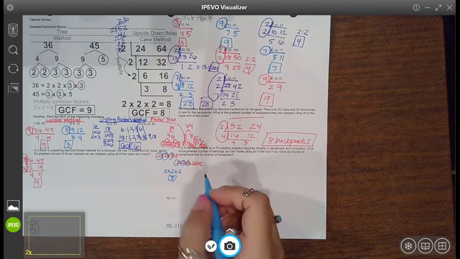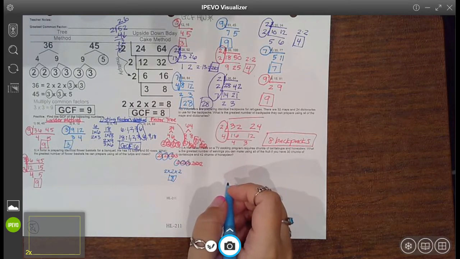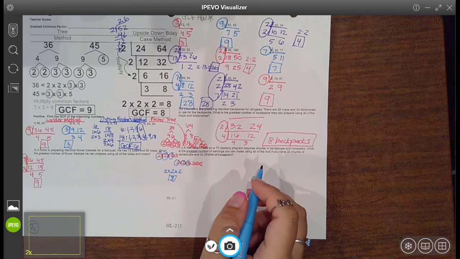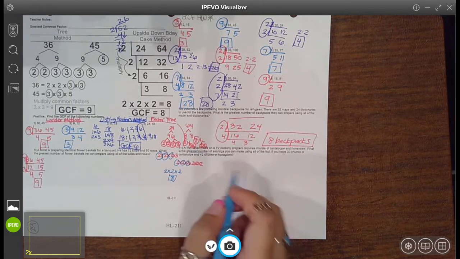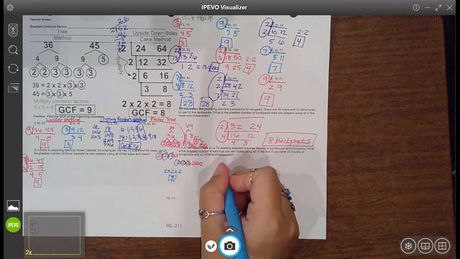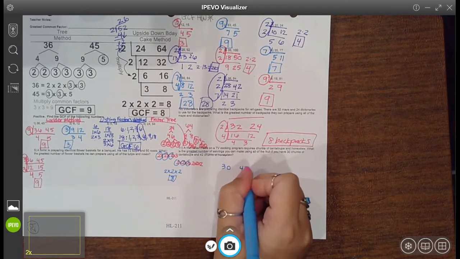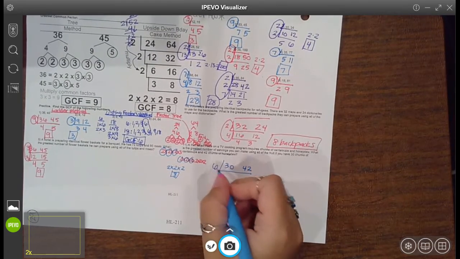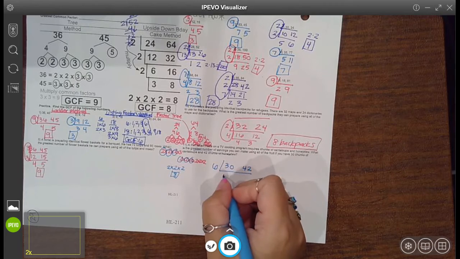All right. Next one says a fruit salad made on a TV cooking program requires chunks of cantaloupe and honeydew. Yum. What is the greatest number of servings that you can make using all of the fruit if you have 30 chunks of cantaloupe and 42 chunks of honeydew? So I have 30 and 42. Well, what can go into both? 6 can. 6 times what is 30? 5.